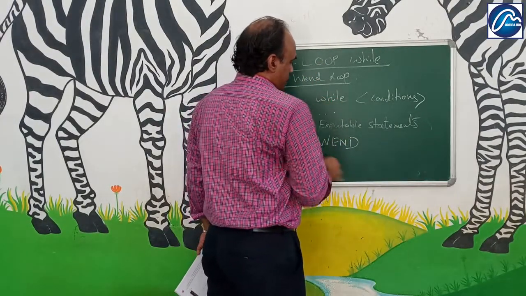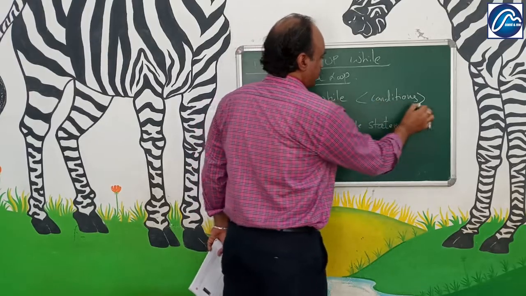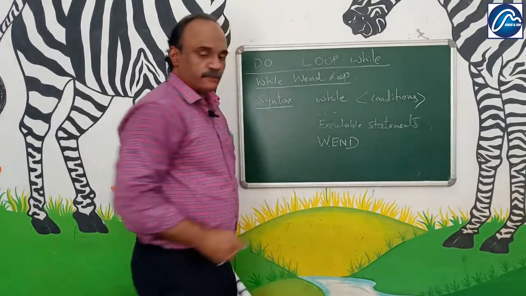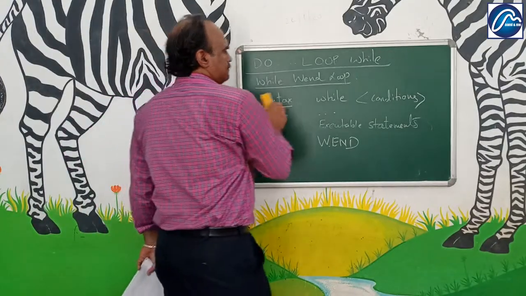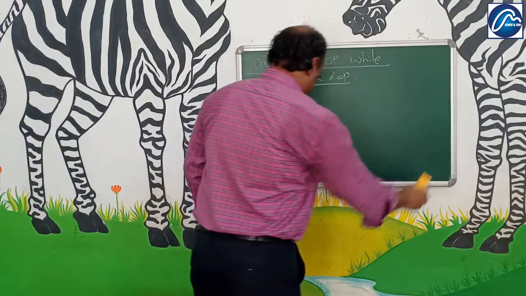It starts with while, ends with wend, and here are the conditions. Now how this works, we will do with an example.